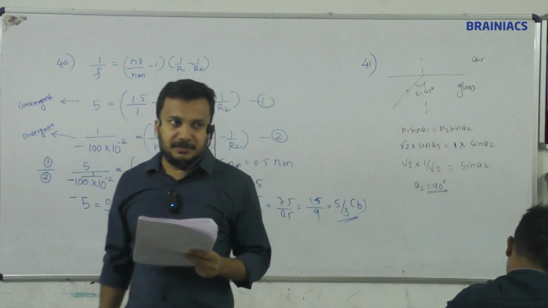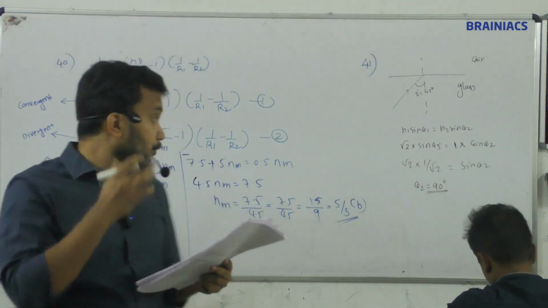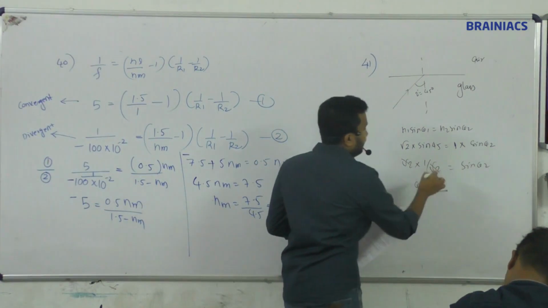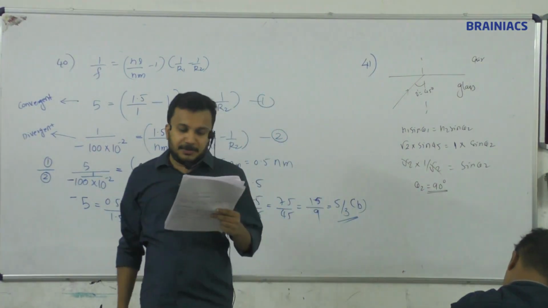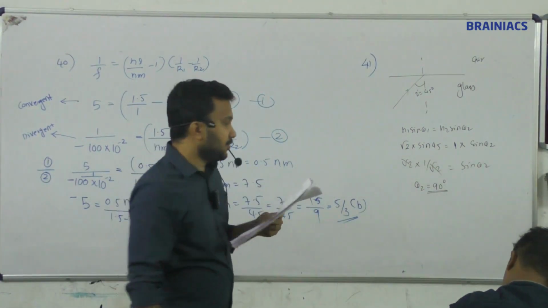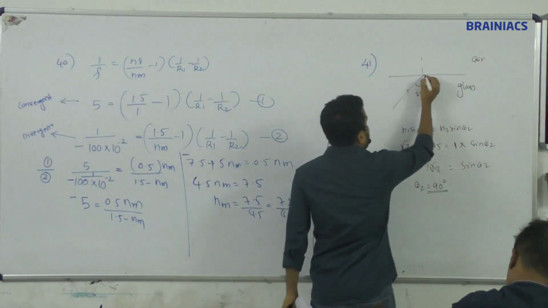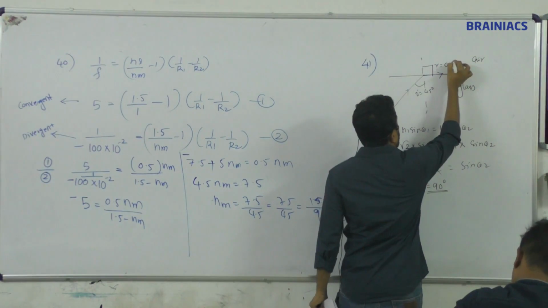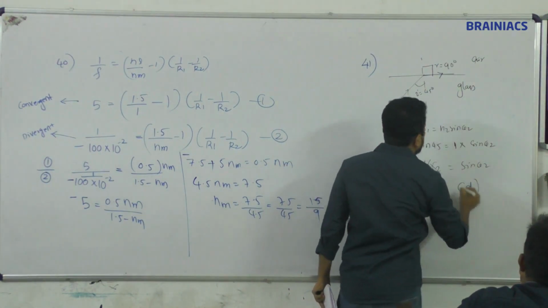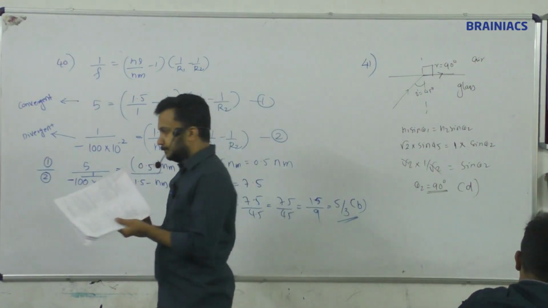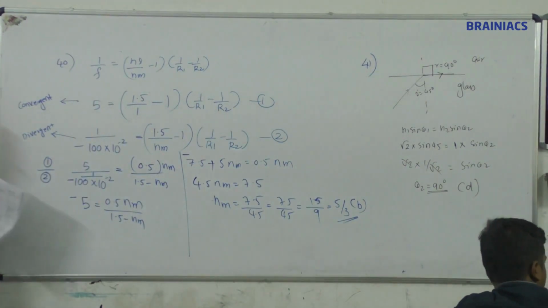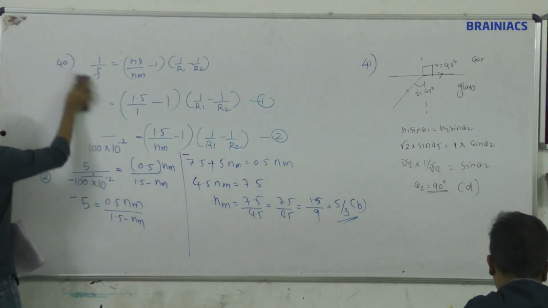Sin theta 1 gives theta 2, so we get 90 degree, and root 2 cancels out. Theta 2 is 90 degree. It emerges into the air with an angle of refraction equal to 90 degree. Option D is the correct answer. Direct Snell's law.